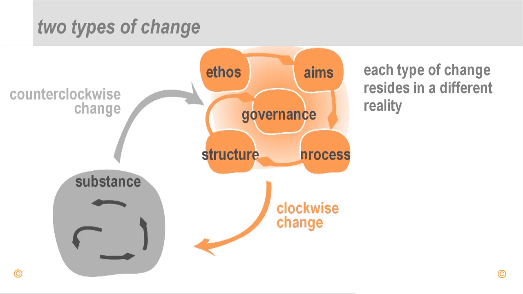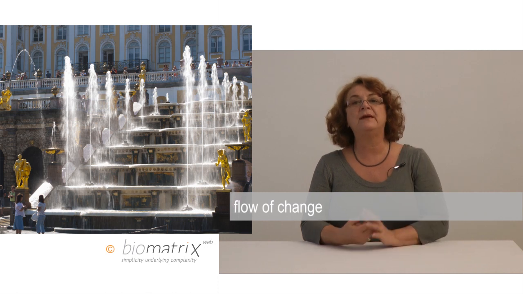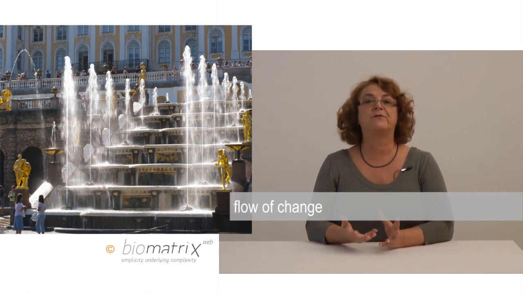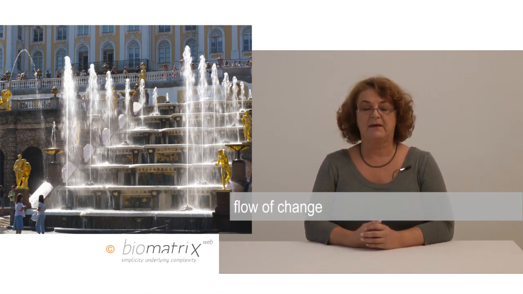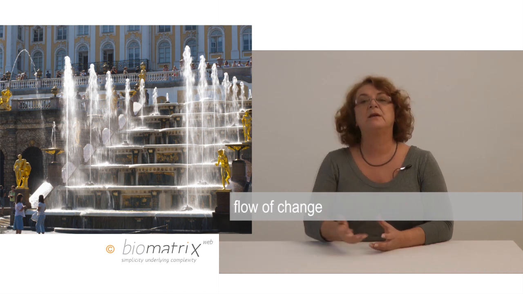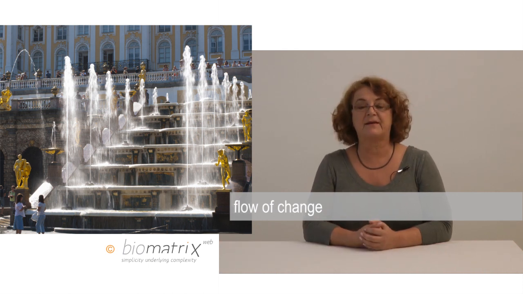If we now introduce the environment into this equation, then the clockwise and counterclockwise change of the system we looked at is going to flow into the environment and from the environment. It flows across levels in the system's hierarchy.